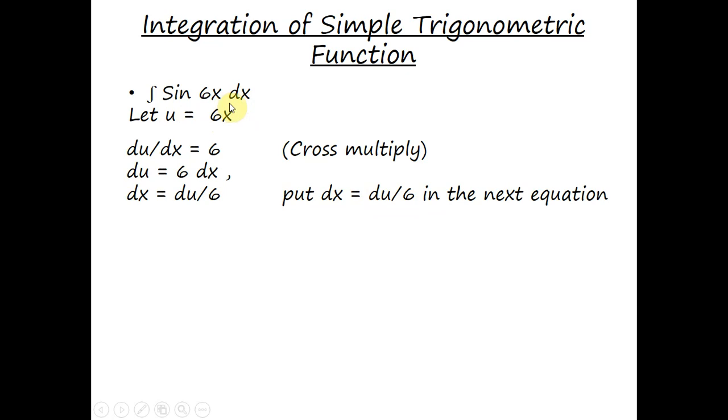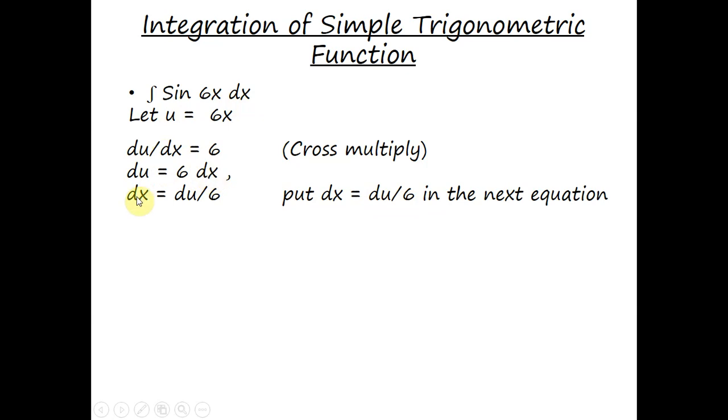To do that, we find a substitute that does not have x as a variable to replace the dx, by differentiating, which we did here. du over dx is equivalent to 6. We cross multiply, giving du equal to 6 dx.